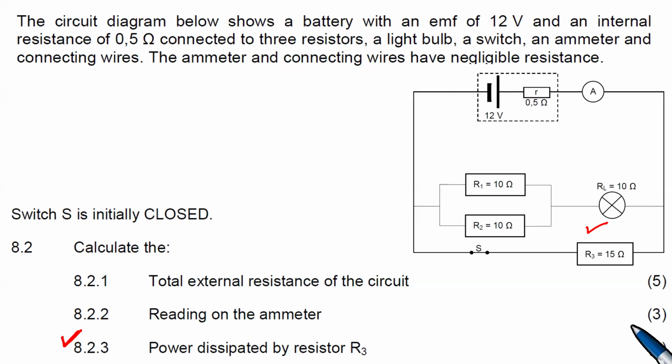Then we're going to do it, because for 4 marks, we want the power dissipated by resistor R3. Please let us know when you're done.